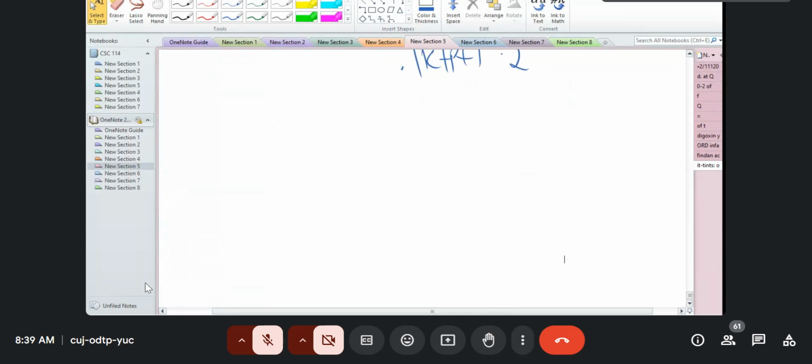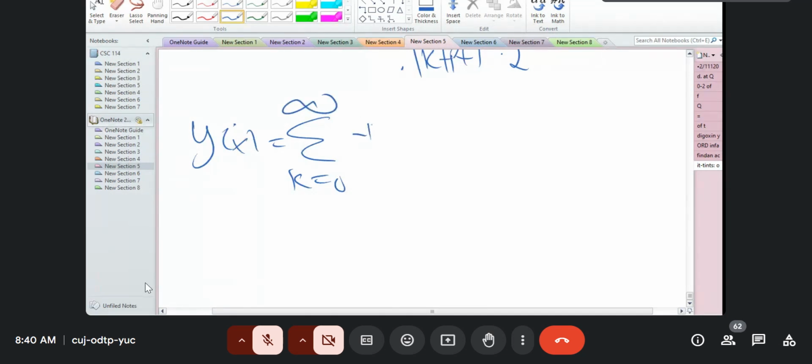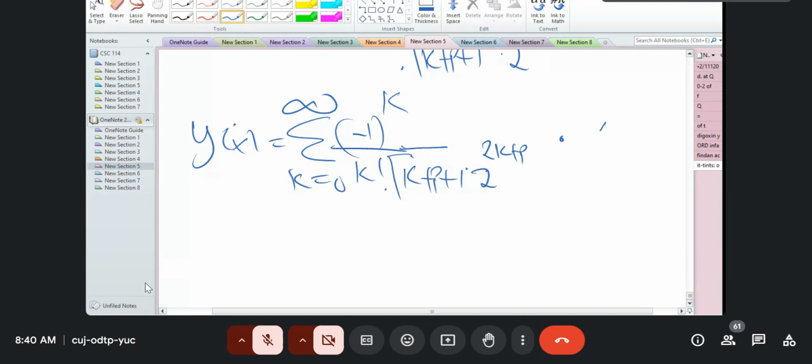Let me just rewrite that step because my screen misbehaved. Our y of x is the summation k is 0 to infinity minus 1 to the k over k factorial gamma of k plus p plus 1, 2 to the 2k plus p. This is multiplied with x to the 2k plus p.